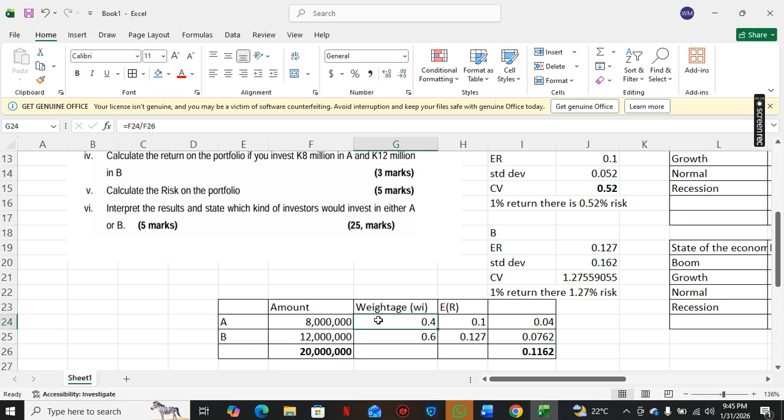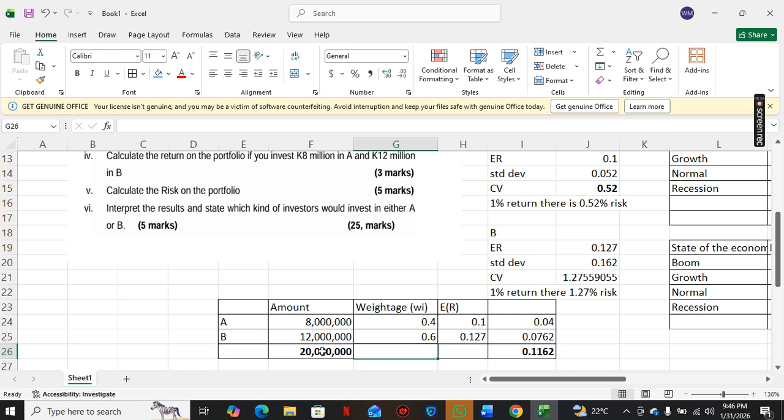You get 0.4. Okay? 8 million divided by 20 million, 0.4, which is 40%. Okay. Investment B, the weightage, you're just going to say 12 million divided by 20 million, 0.6, 60%.